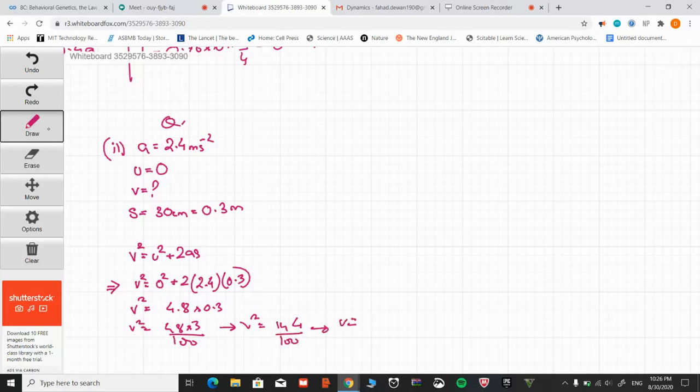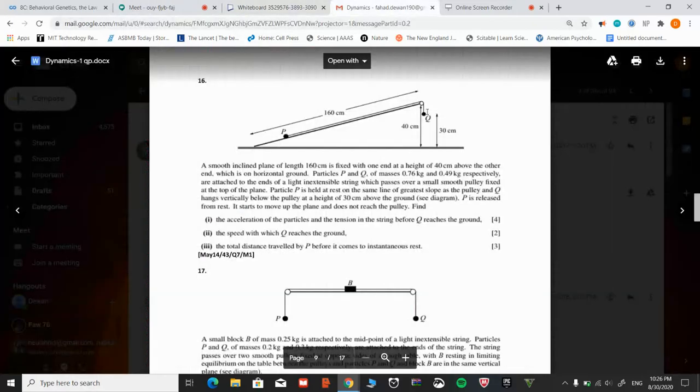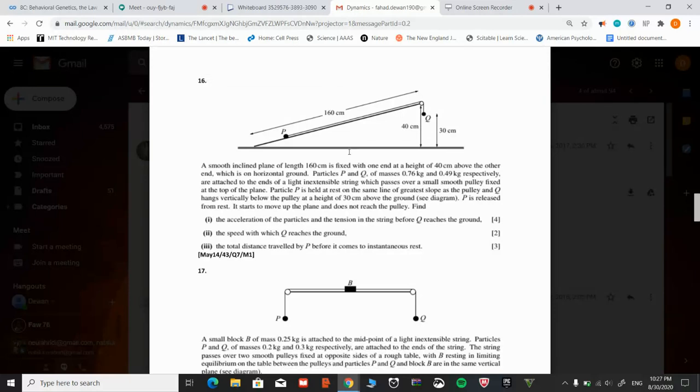Answer আসতেছে 12 by 10, 1.2 meters per second. So this was the velocity of Q when it hits the ground. But at the same time, this was the speed of P at the same instant.